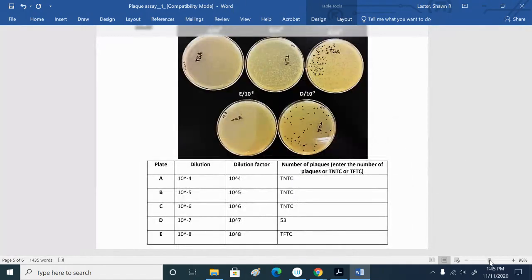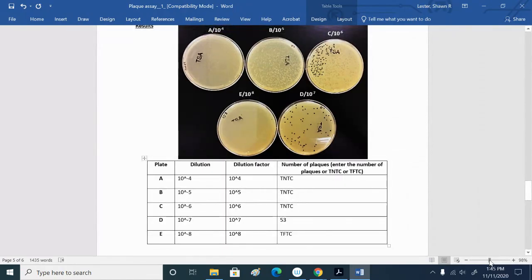So each plate, the difference between each plate is a factor of 10. As we're becoming more dilute, each plate should have 10 times fewer plaques on them. So if there's 53 plaques here, we predict there should be between 5 and 6 plaques here. And sometimes this is exactly what happens.